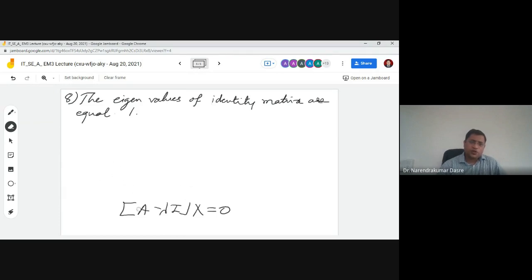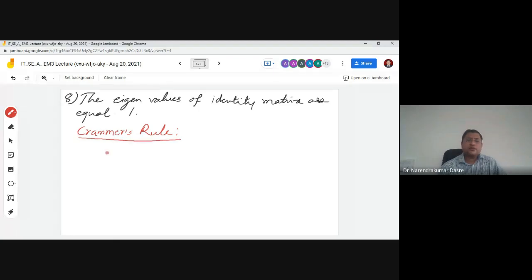We need to solve this, and while solving this system of linear equations, one very important rule is Cramer's rule. So we need to understand what Cramer's rule is. Let us try to understand.